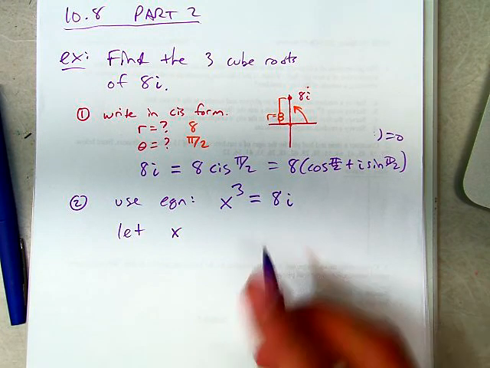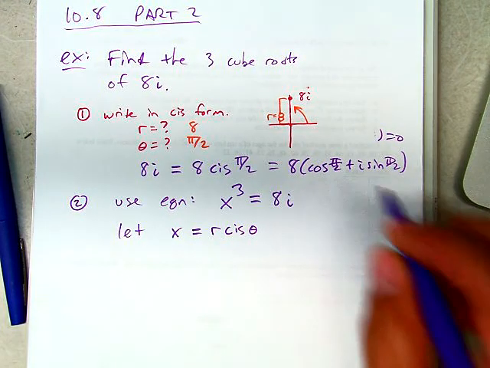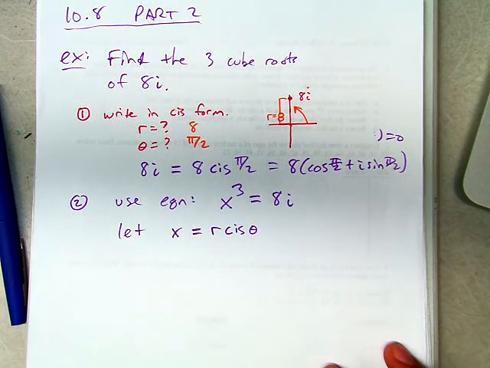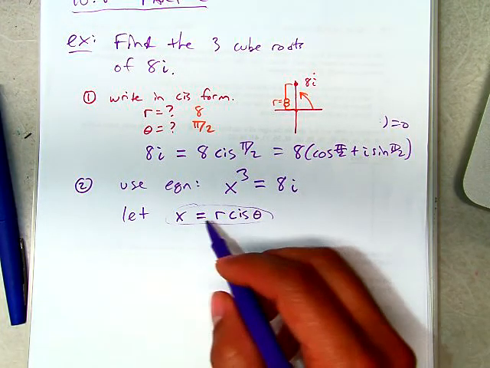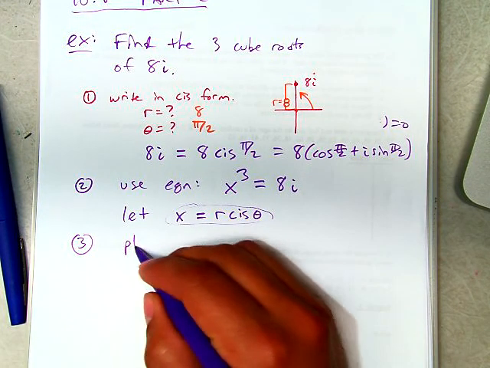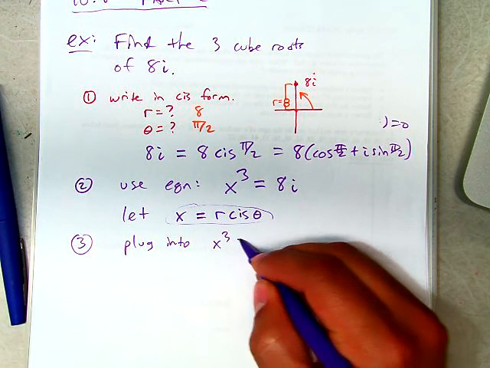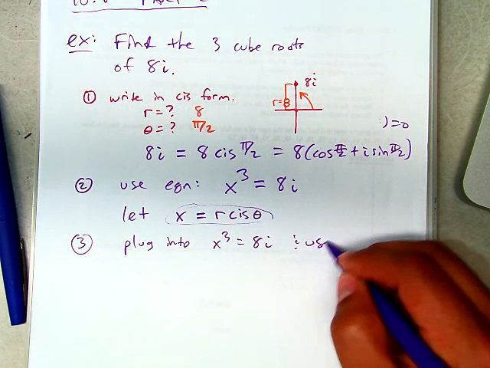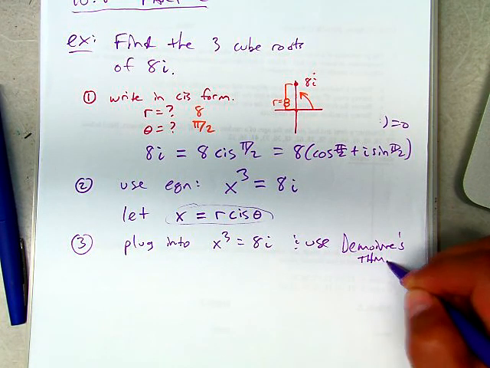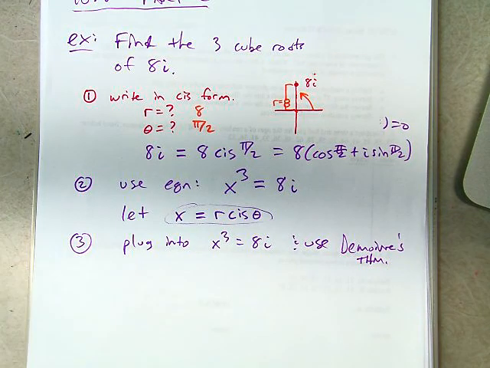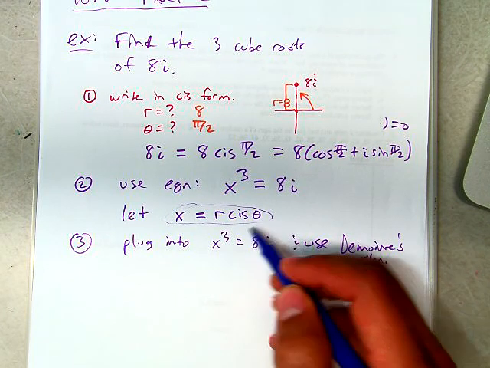But to start, we're going to let x equal any number in trig form, r CIS theta. So this is our starting point. And now what we do is plug into the equation and use DeMoivre's theorem. You're going to take r CIS theta and plug it into x cubed.